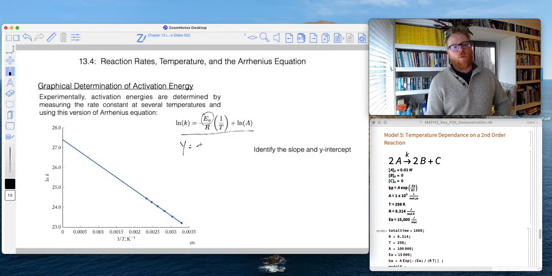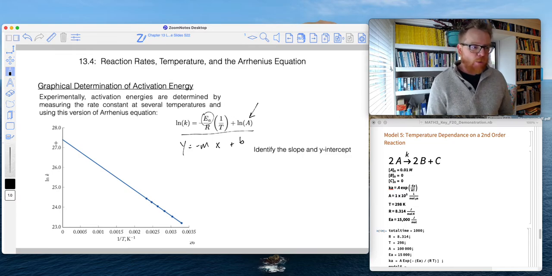So let's look at that in more detail. Once again, we have our y equals negative mx plus b. Identify the slope and the y-intercept. Well, the y-intercept is going to be the natural log of this frequency factor, which is given right there.